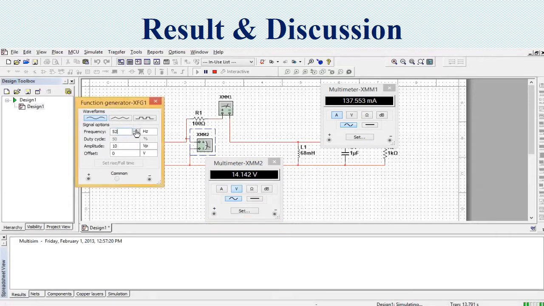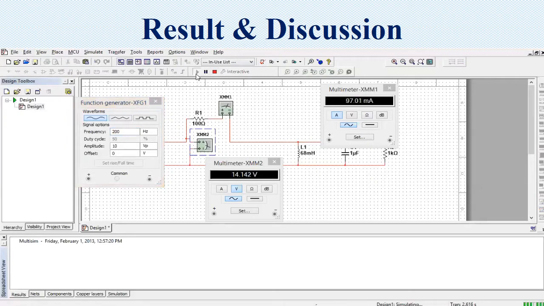Now I will increase the frequency to 100 Hertz and run my simulation. We can see that my current is decreasing. So I will stop my simulation diagram and increase the frequency 100 times and run the simulation diagram.